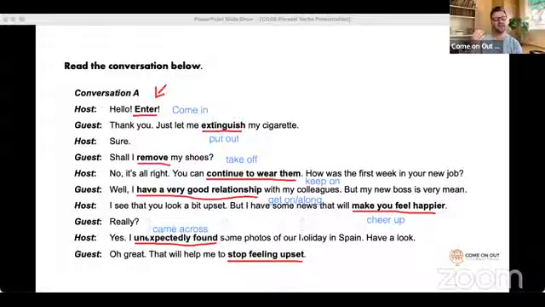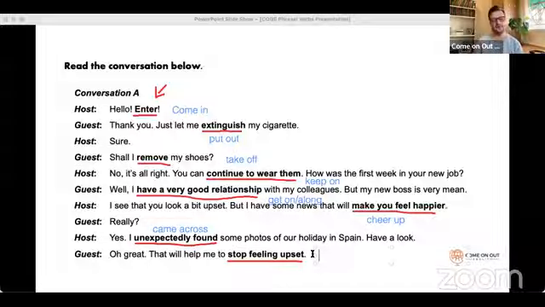So I came across some photos of our holiday in Spain. Come across. And this one is not easy to remember because come across and find doesn't really make a lot of sense.